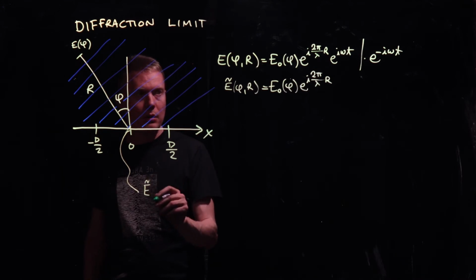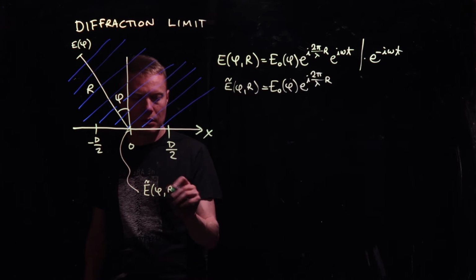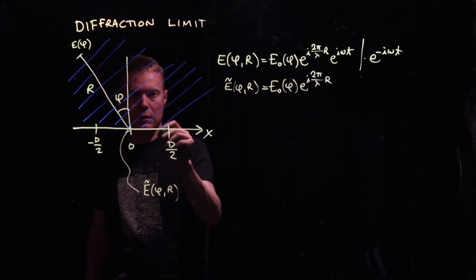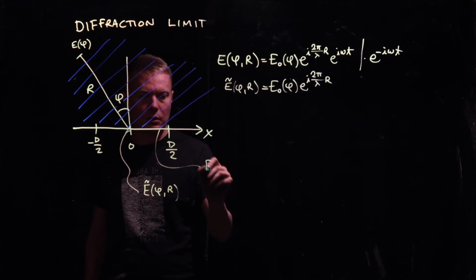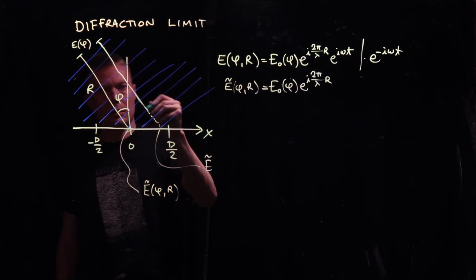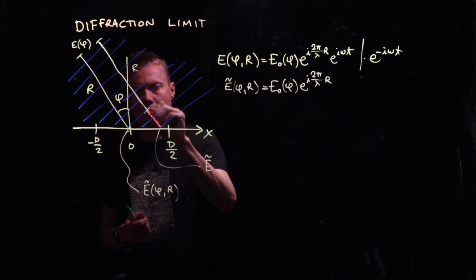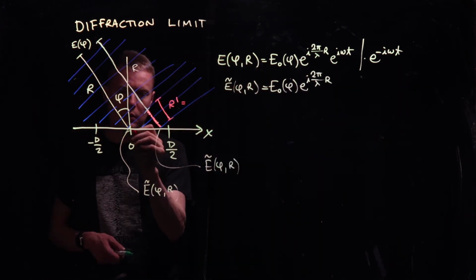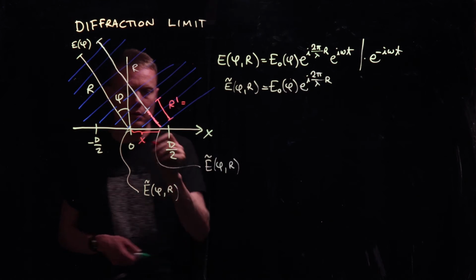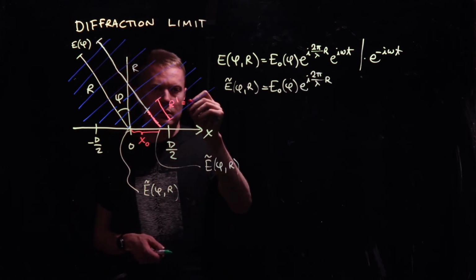We've already defined what it is at the center of the aperture. Now we need to work out what the phase and amplitude is at position x on the aperture. By using the plane wave approximation and basic trigonometry, we can work out how much more distance the electromagnetic wave has to travel in order to reach position x.